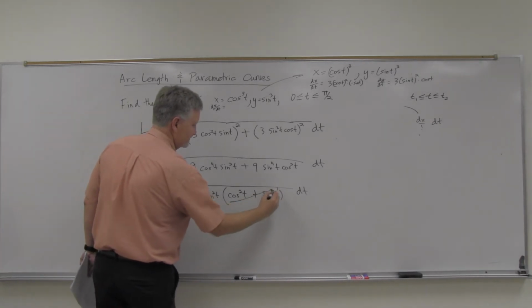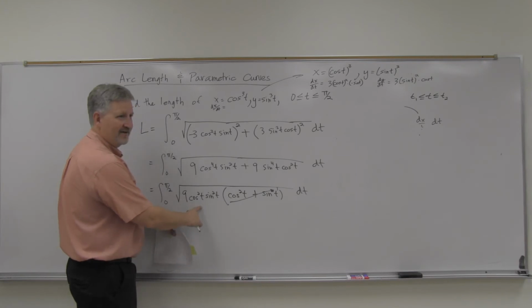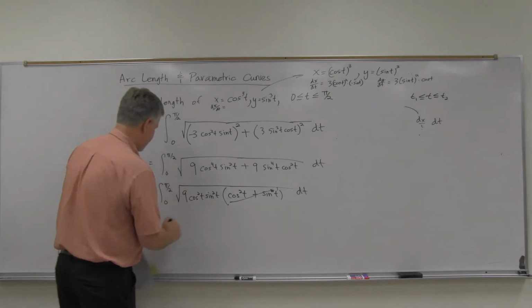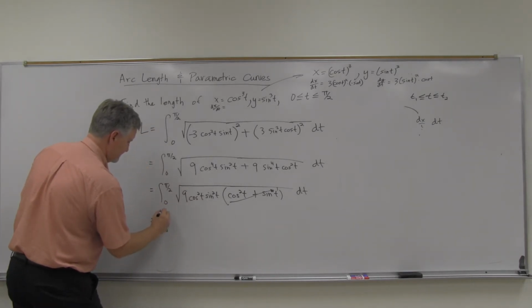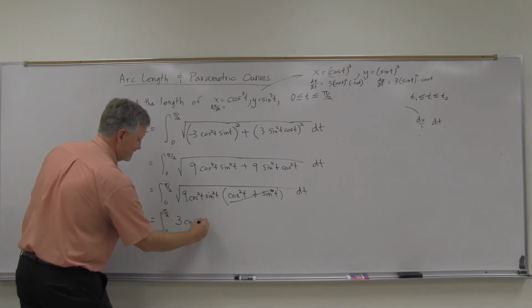That equals 1. So essentially here I've got the square root of 9 cosine squared sine squared. What's the square root of 9 cosine squared sine squared? 3 cosine t sine t.